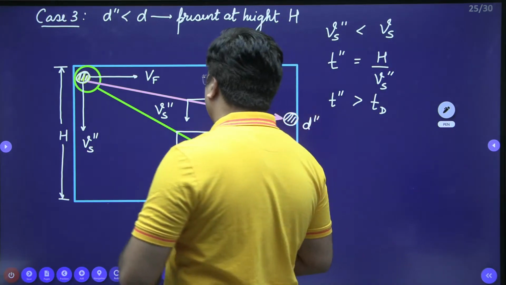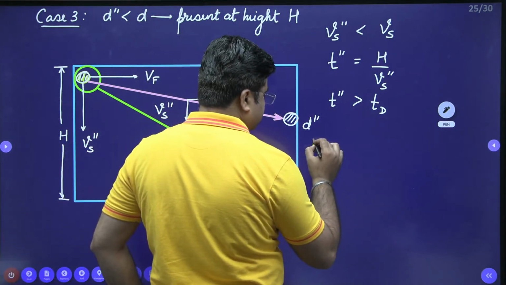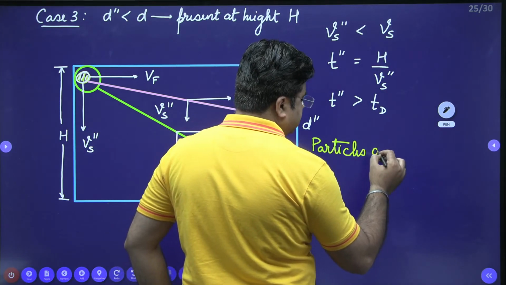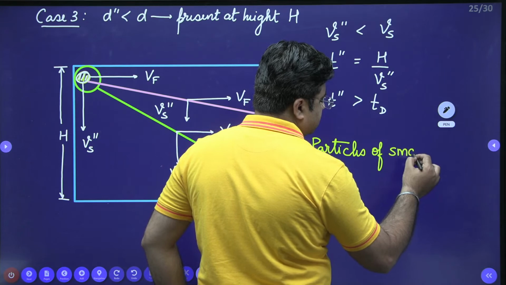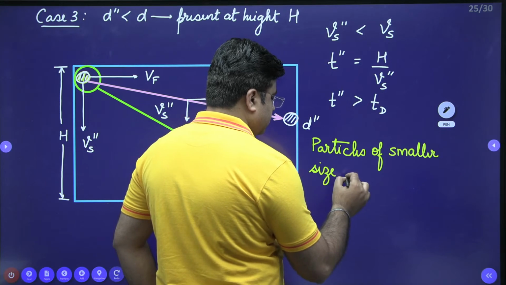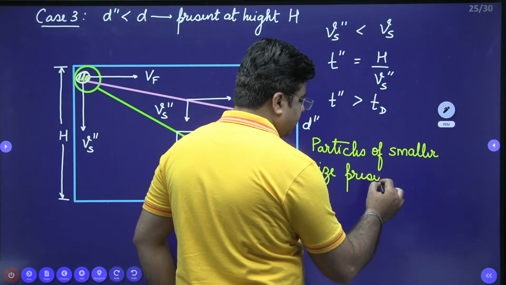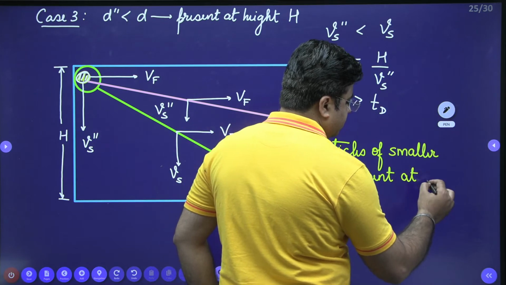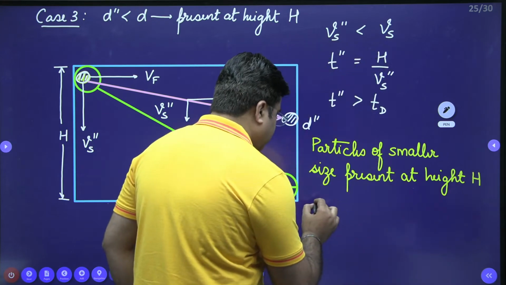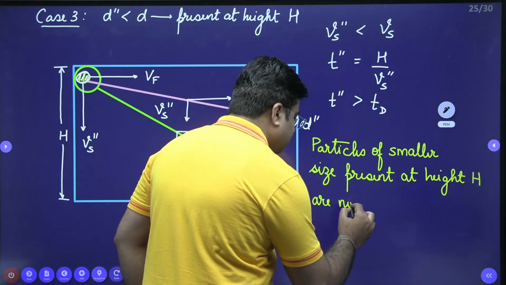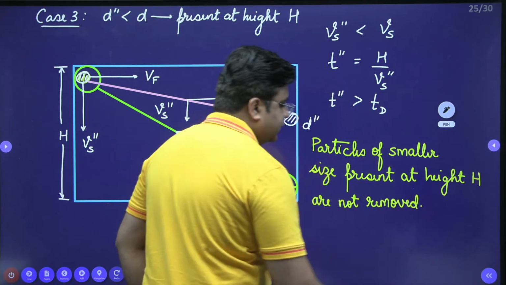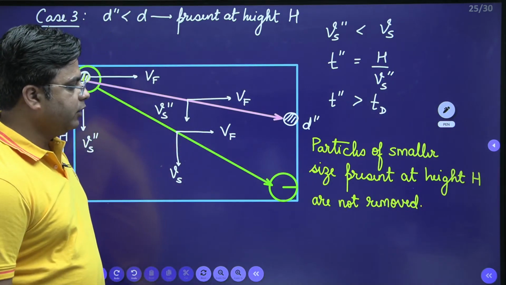So you can write down: particles of smaller size present at height capital H are not removed, right?